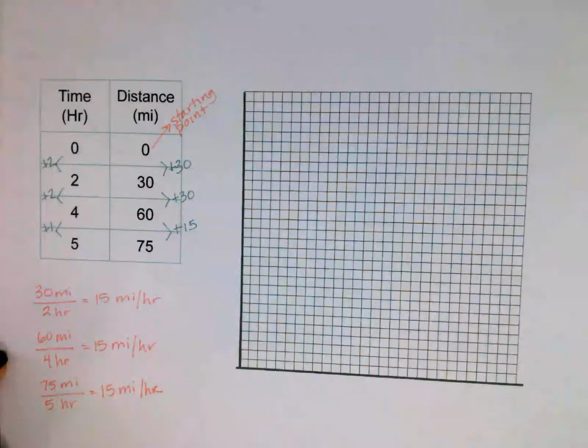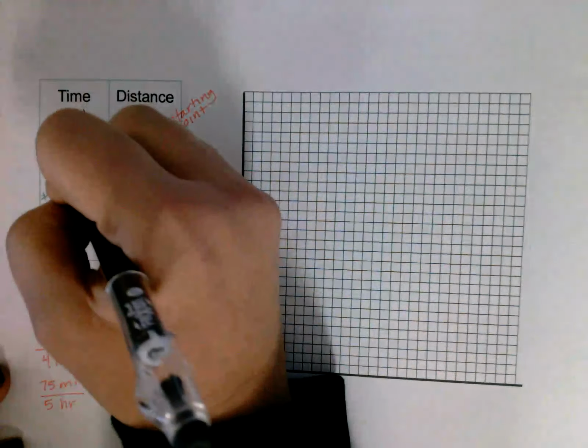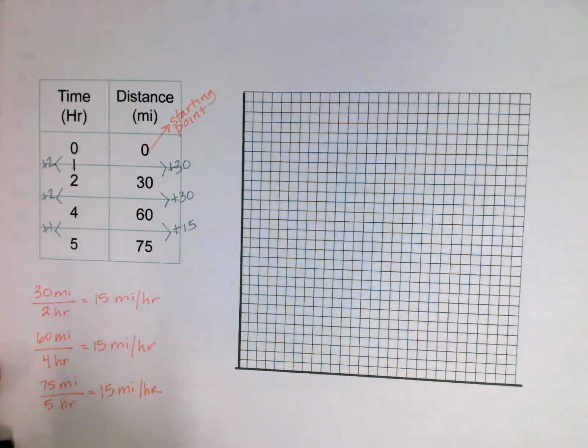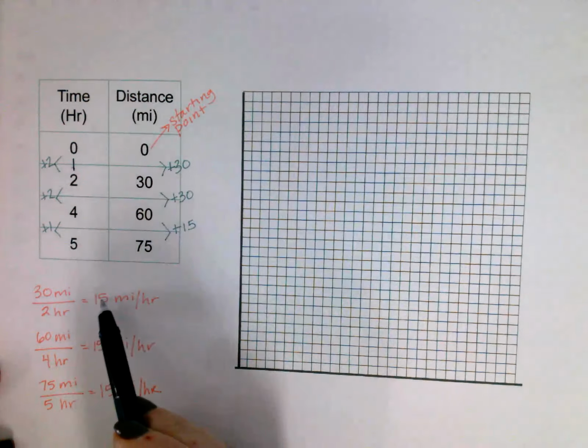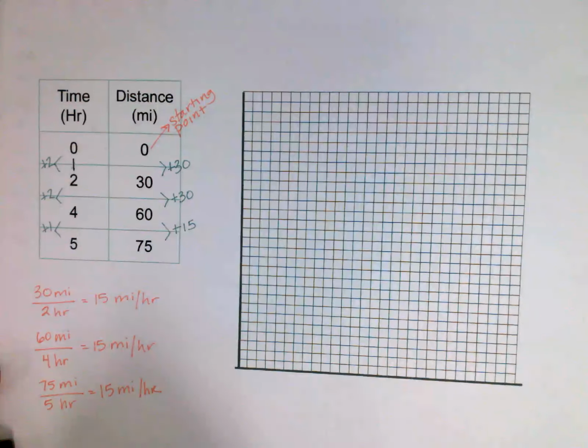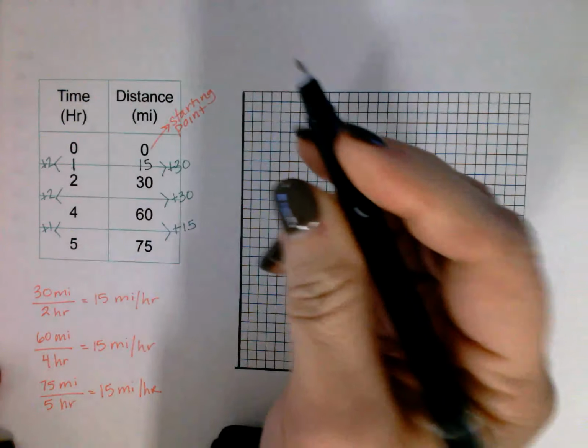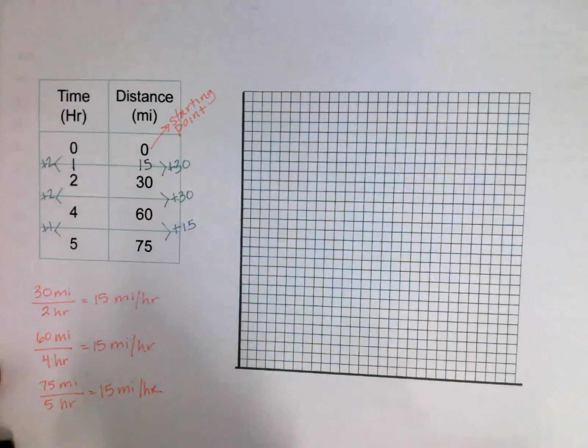Here we had 2. If we wanted to fill in some of the missing rows in this table, we would be able to do that. How far did this person travel after 1 hour? If they started at 0, moving at this rate, they would have been at 15, plus 15.